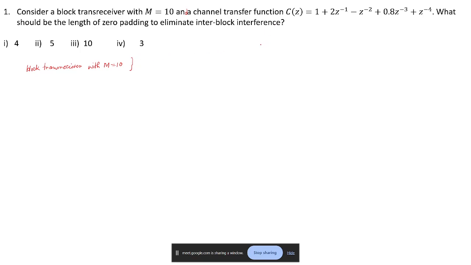On the transmitting side you have 10 filters.